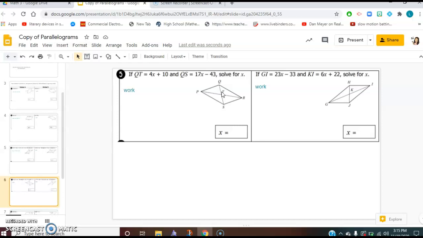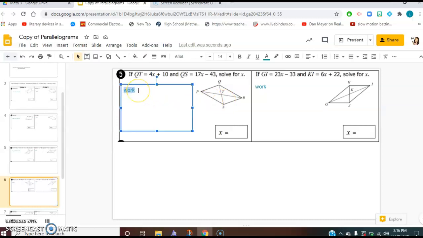Half of something can't equal all of something. But I do know that TS and QT are the same. So from Q to T is 4x plus 10. That means from T to S is also 4x plus 10. And when I put those two together, that will be the same thing as QS.